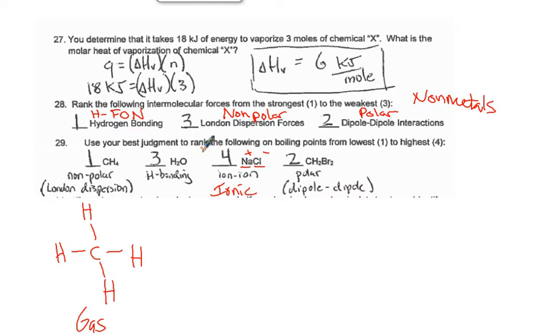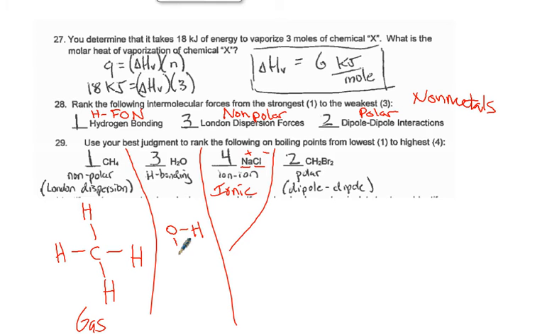Now we've got the other two. Alright. This thing is water. Water is one of these FON situations. We have hydrogen attached to oxygen, so it's going to have strong hydrogen bonding. And then over here we have C with two H's and two Br's.